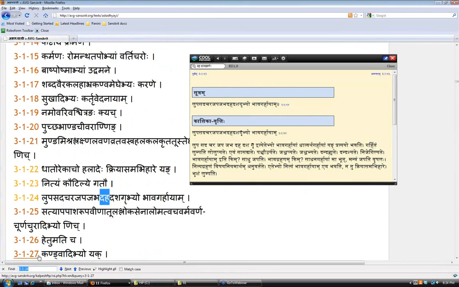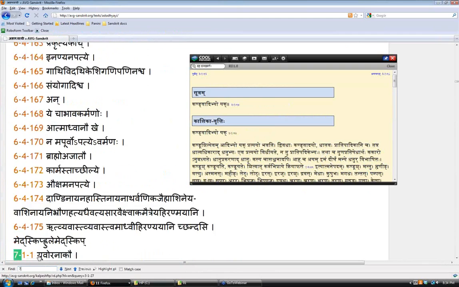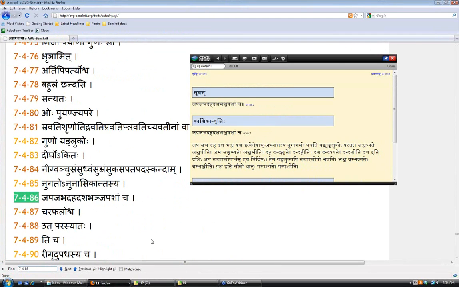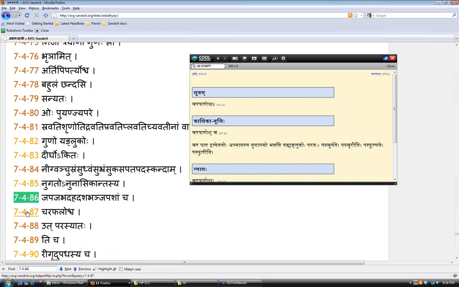Okay, so 7486. Nuk agama is not only for the anunasikanta dhatus. Japa java daha dasha bhanja prashancha, then chara phaloscha. Those chara and phal have three rules. These are not really that important because they're specific only to the dhatus char and phal. So visheshaniyamaha: chara phala iti etayoho abhyasasya nuk agama bhavati. So chanchuryate.